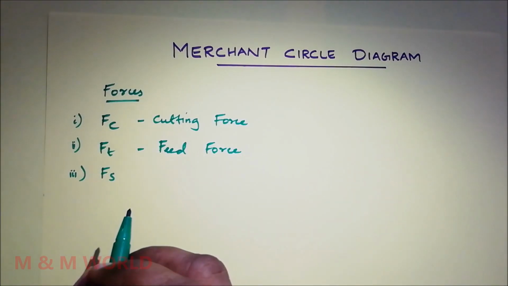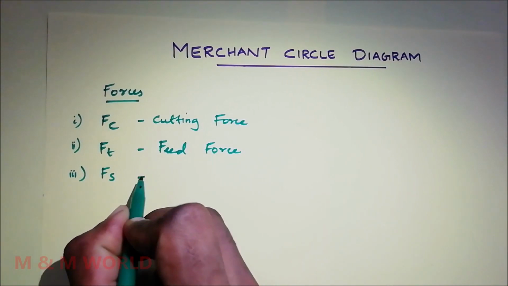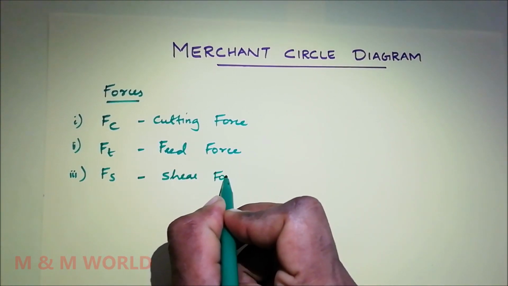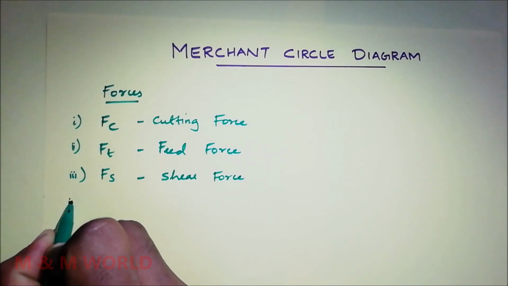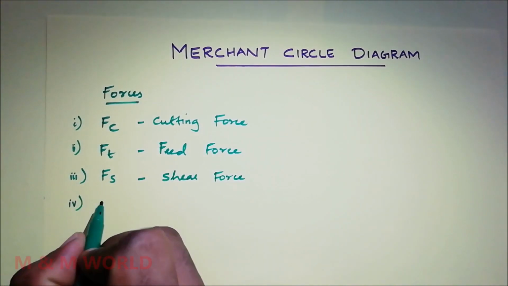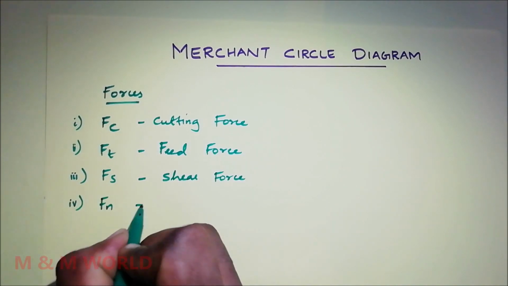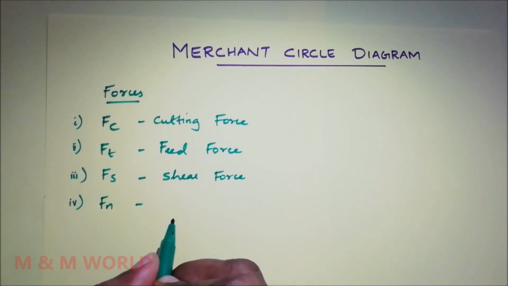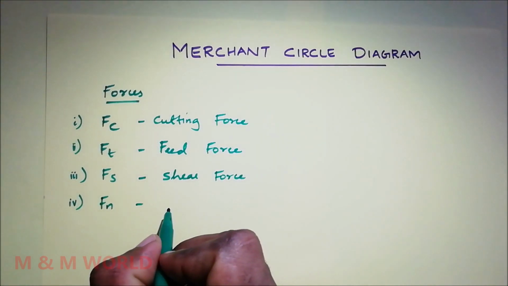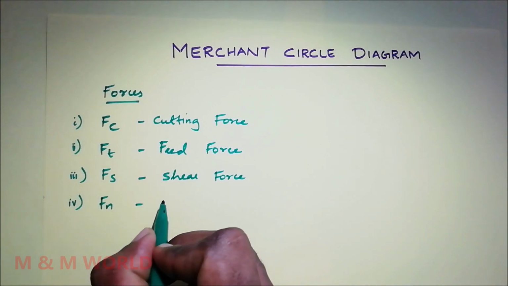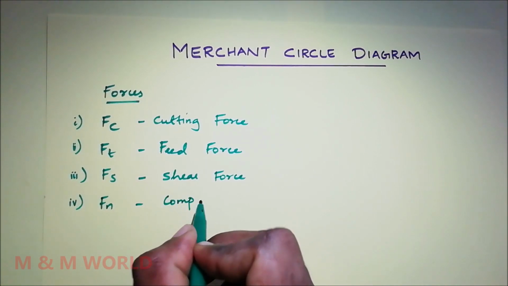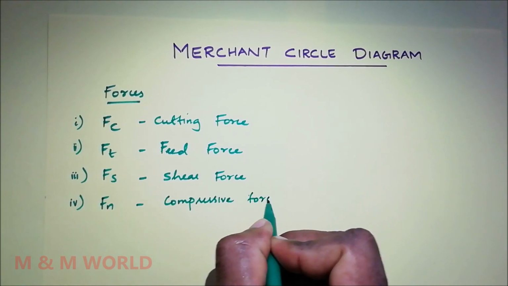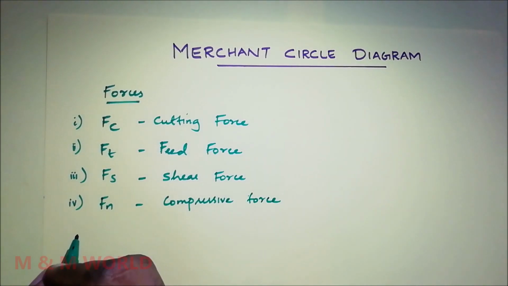Fs is the shear force on the shear plane. Now the fourth one, Fn. Fn is the compressive force on the shear plane.